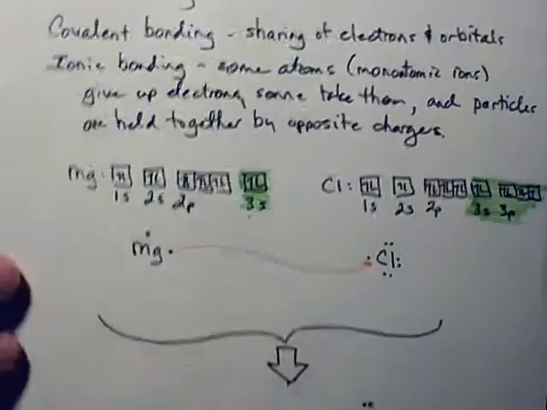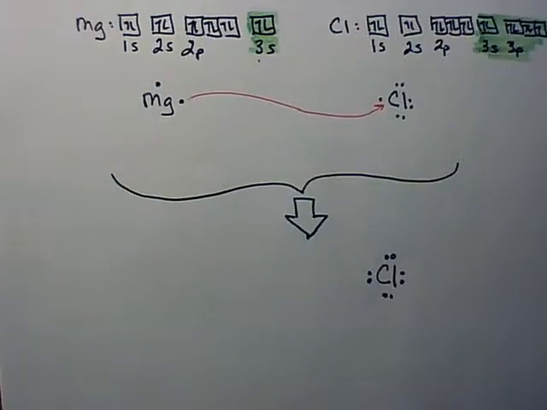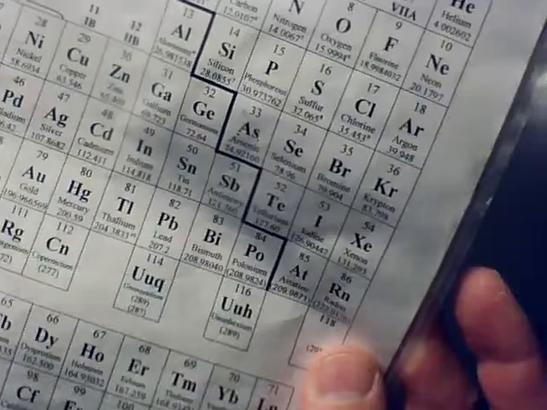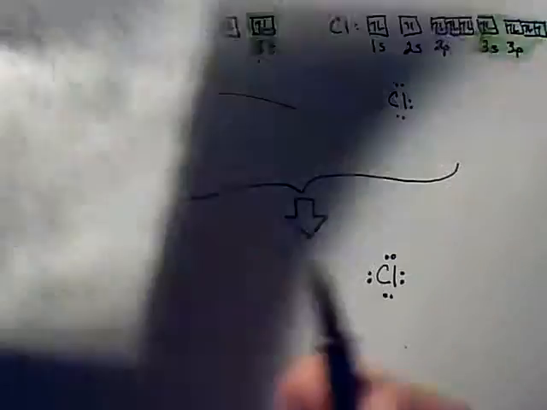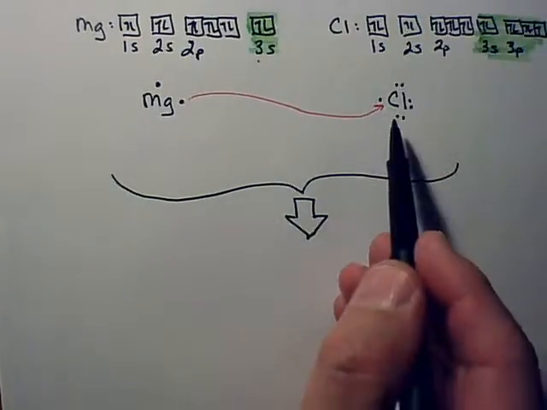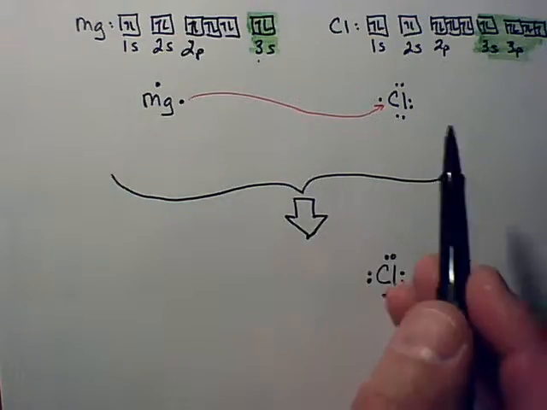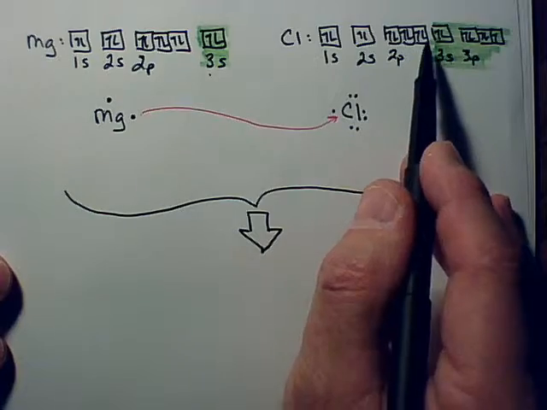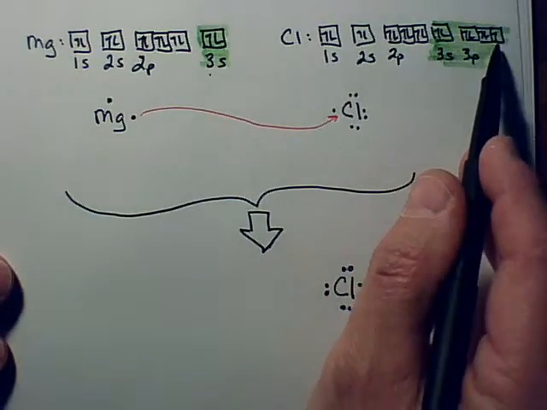How many protons does chlorine have? 17. And how many electrons did it originally have? 17 electrons total: 2, 4, 6, 8, 10, 12, 14, 16, 17.